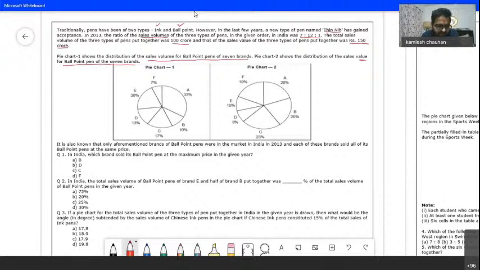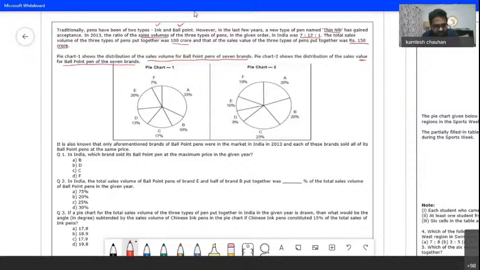It is also known that the aforementioned brands of ballpoint pens were in the market in 2013, and each of them sold all of its pens at the same price. In India, which brand sold its ballpoint pen at maximum price?